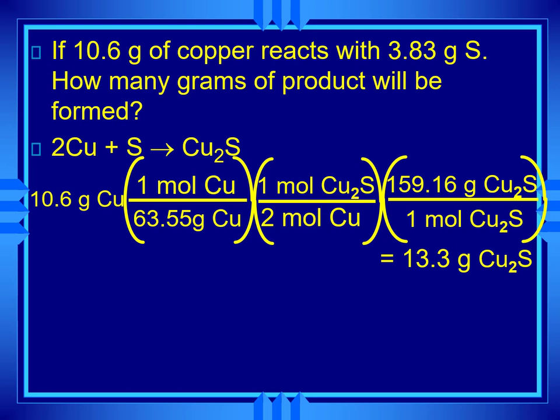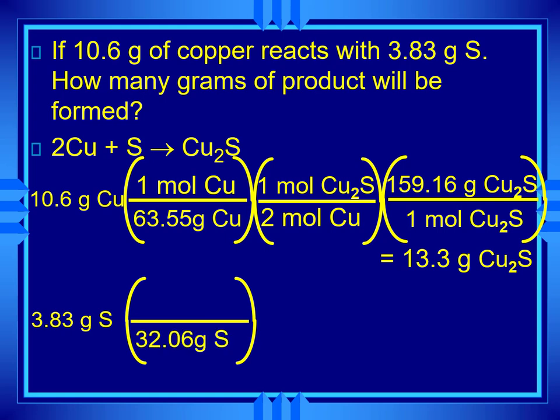So I circle that answer and I walk away. No. That's how much if I use up all the copper. Are you sure I'm going to run out of copper first? No. So I got to do the same process with the sulfur. So I take that 3.83 grams of sulfur, change grams of sulfur to moles of sulfur.